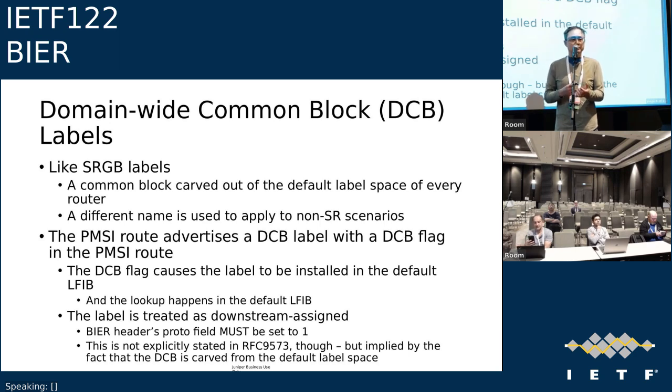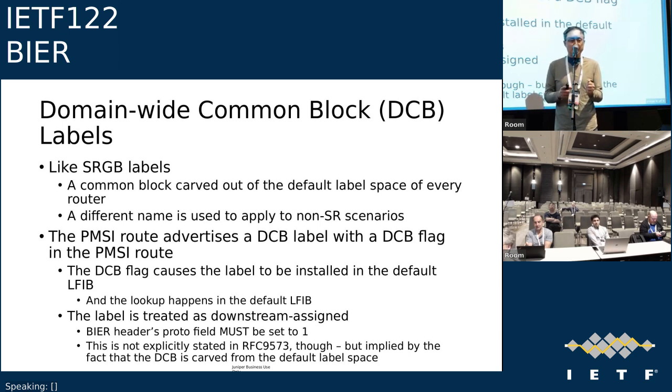Because it's installed into the default LFIB and looked up in the default LFIB, that's why it needs to be downstream assigned. That's why in the BIER header, the protocol needs to be set to 1. Now, we do have a specification issue here.